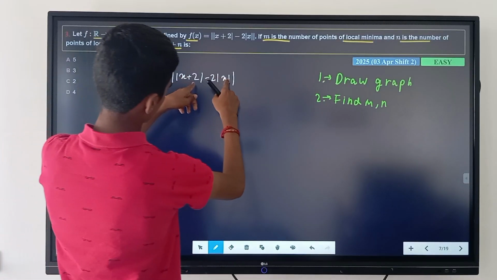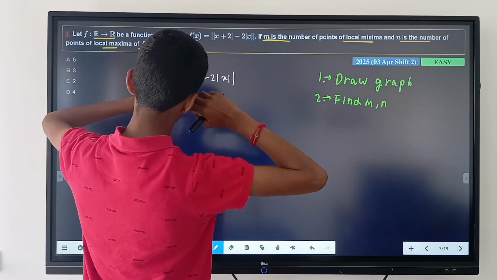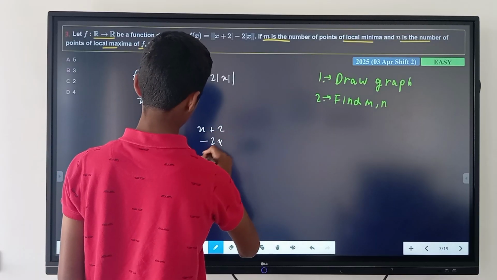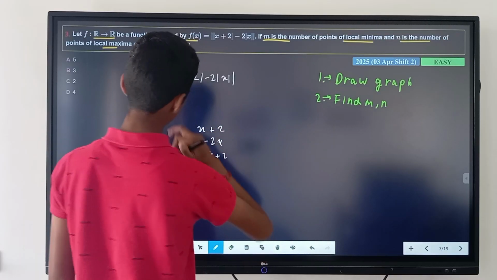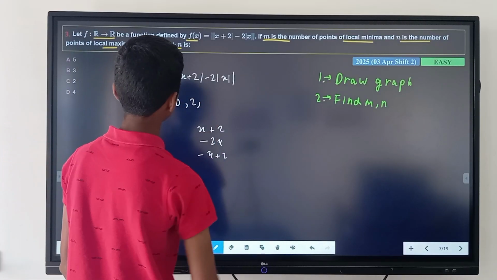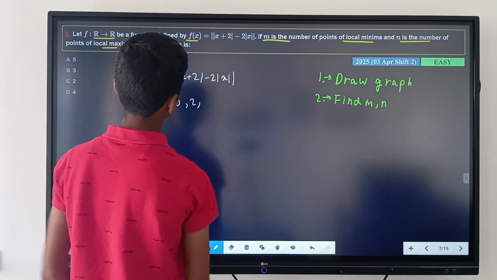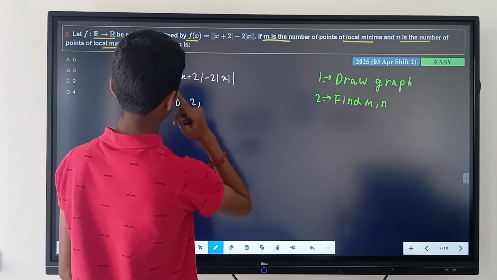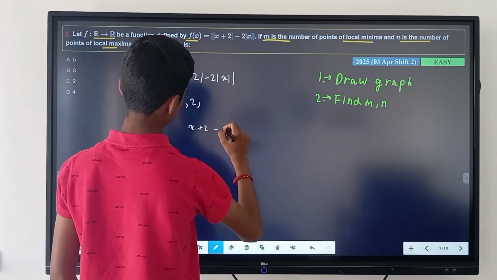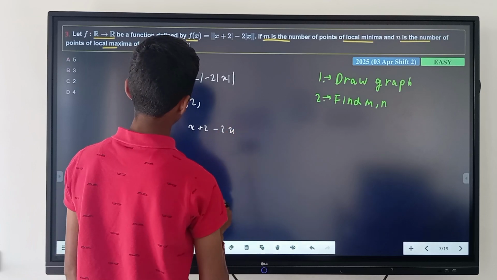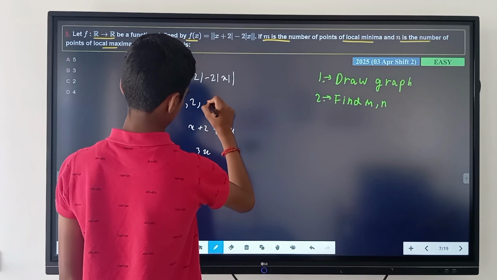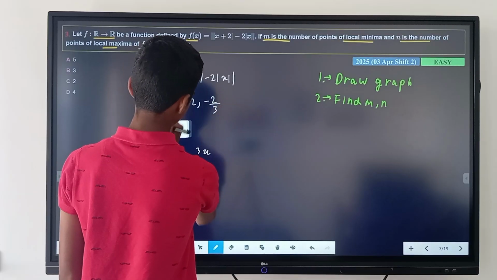And when these two open with the same sign, positive or negative, we will get x plus 2 minus 2x, minus x plus 2, so x is equal to 2. And if these two open with alternate signs, then we will get x plus 2 plus 2x, 3x plus 2, so x is minus 2 by 3.